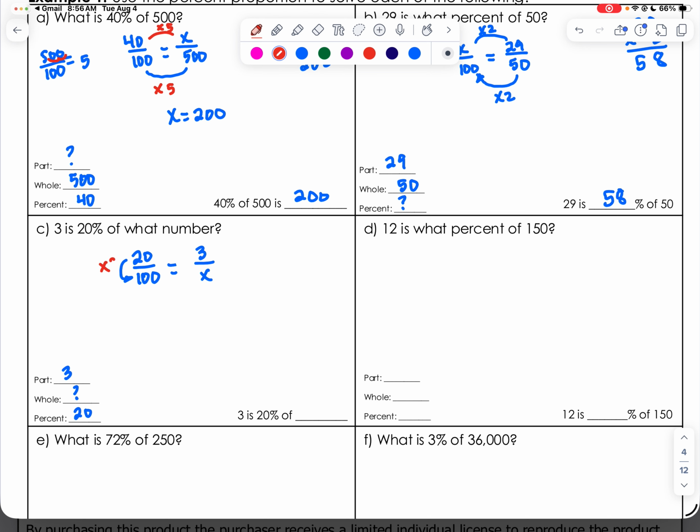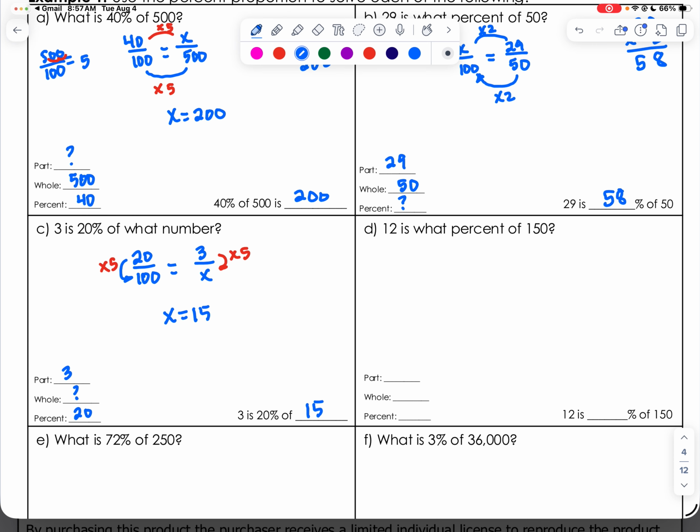Well, 20 times 5 is 100. So if I can multiply the top number by 5 to get the bottom number, I could do the same thing over here. 3 times 5 would give me 15. So 3 is 20% of 15.